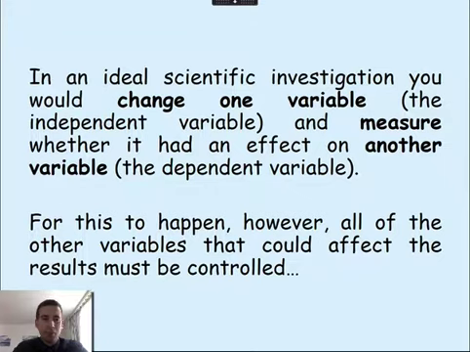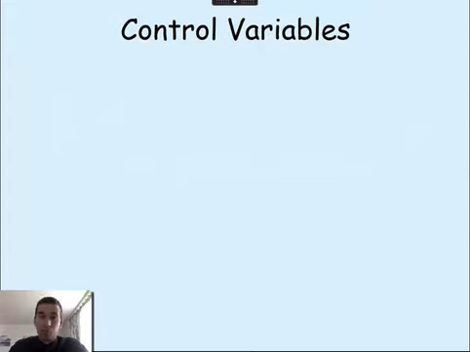Therefore, what you are measuring would not necessarily be due to the thing that you chose or changed, the independent variable. So anything which could affect your results, which isn't the independent variable, has to be what is called controlled. So control variables.